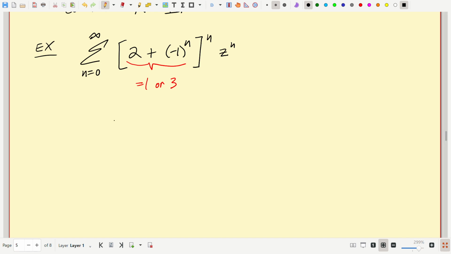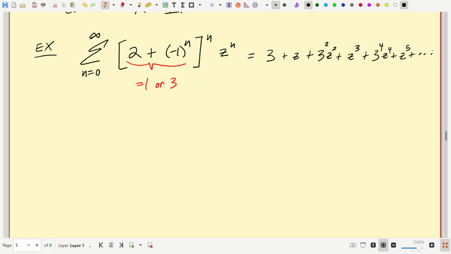So that would be 3 plus z plus 3 squared z squared plus z cubed plus etc., 3 to the 4th z to the 4th plus z to the 5th plus dot dot dot.